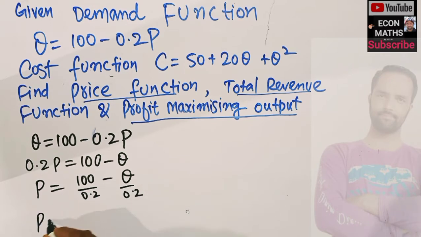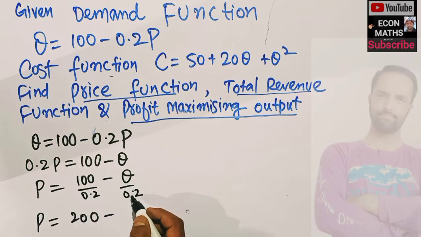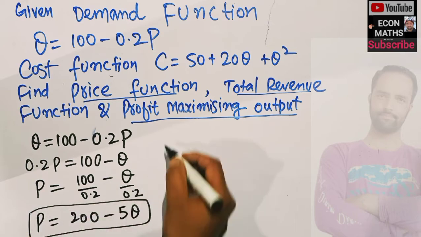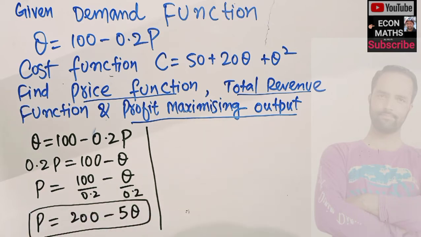So our P will be equal to 100 upon 0.2, which is 200, minus Q upon 0.2, which is 5Q. This is our inverse demand function, or what we call the price function.